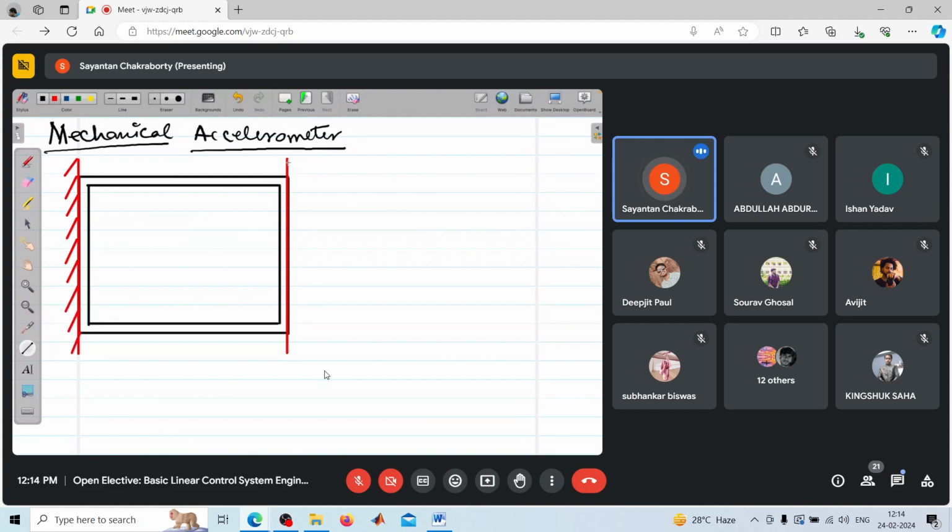So this represents the moving vehicle with which the frame is attached, and the displacement of the moving vehicle is measured in this direction.